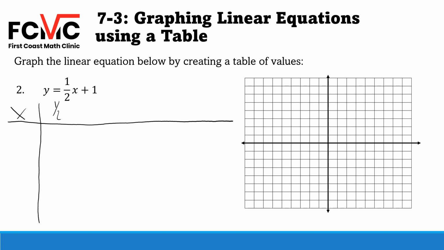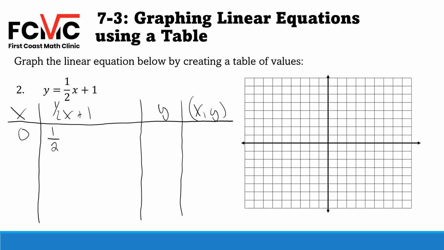We'll have 1/2 x plus 1, of y, and then the ordered pair x, y. So 0 is still a good choice here because we could do 1/2 times 0 plus 1. 1/2 times 0 is 0 plus 1 is 1. So that's our y value. So we get 0, 1.